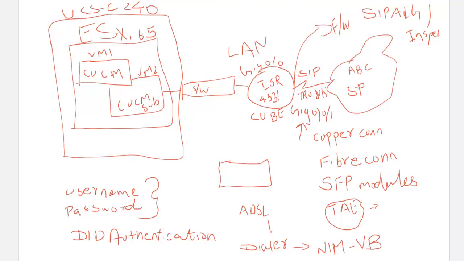So this is why I told you guys last time as well in my first video about the requirements of a SIP trunk, that you really understand the requirements of a service provider, and then you really understand the hardware information about this CUBE. Okay, then let's move further.